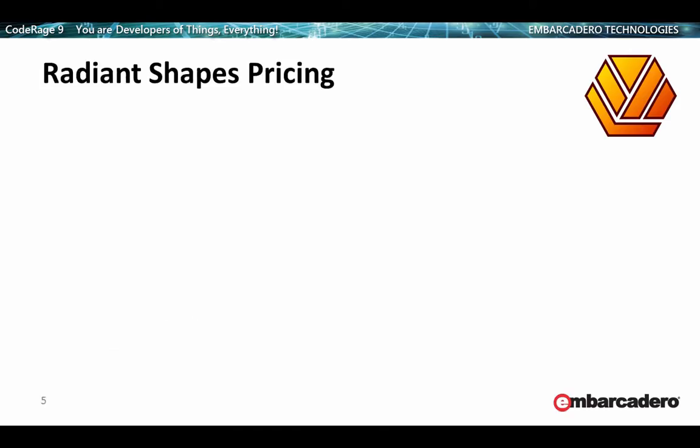Radiant Shapes pricing is a bit different than traditional Raize Software products, which were more single use: purchase it once, purchase maybe upgrades as new versions came out. In order for us to be more effective in handling changes to the FMX framework and the dual release cycle that is occurring with Embarcadero these days with the various versions of RAD Studio and AppMethod, we are switching to a subscription model for Radiant Shapes.